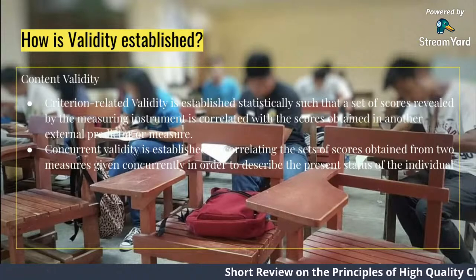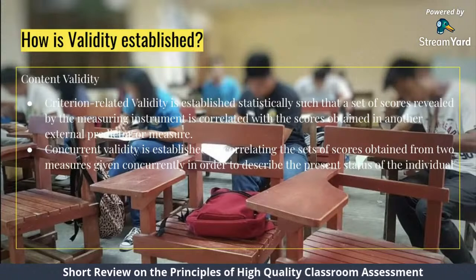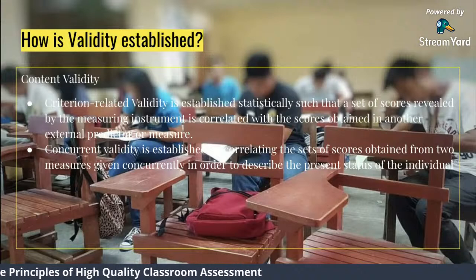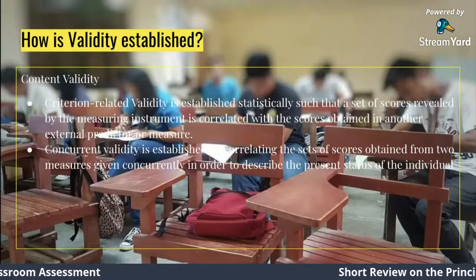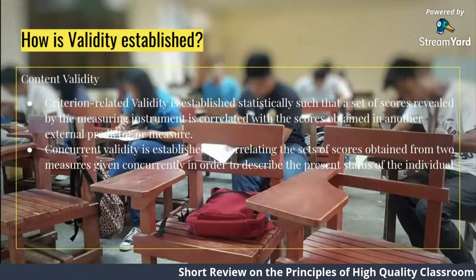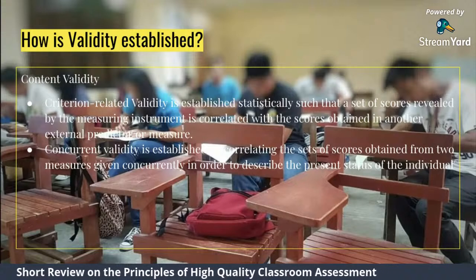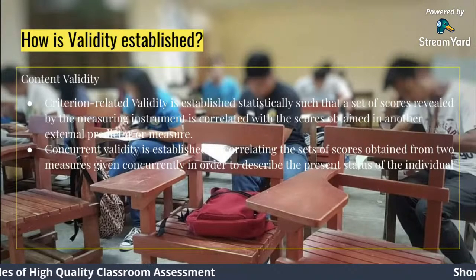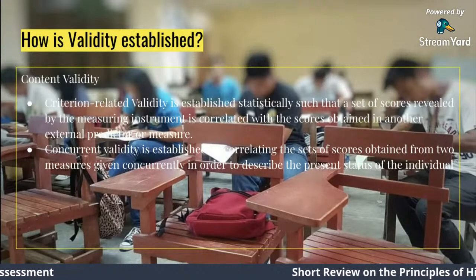And the results of this will be correlated, and the result of the correlation will help us predict the future performance of an individual. Okay, so we will be able to make a prediction if, say, a student will do good in a future exam, or will pass a future exam, or will fail a future exam. That's what we call predictive validity.